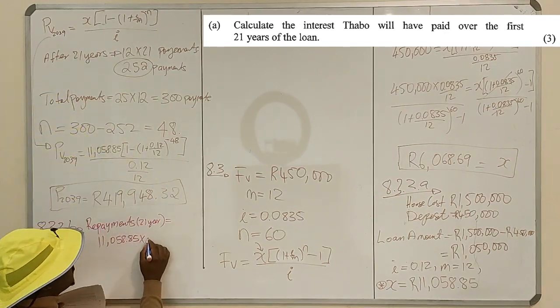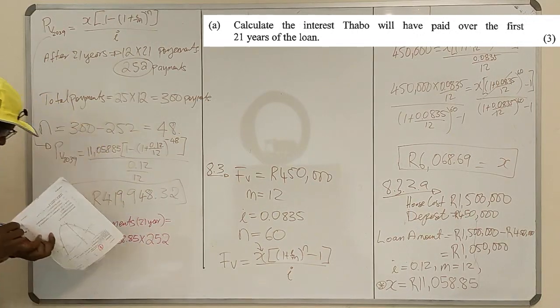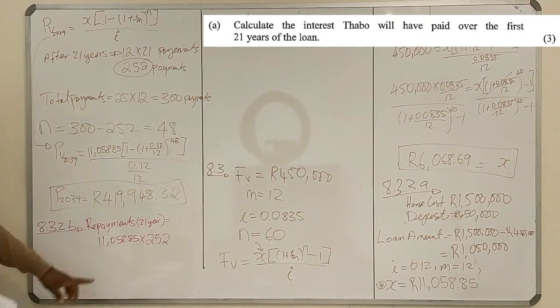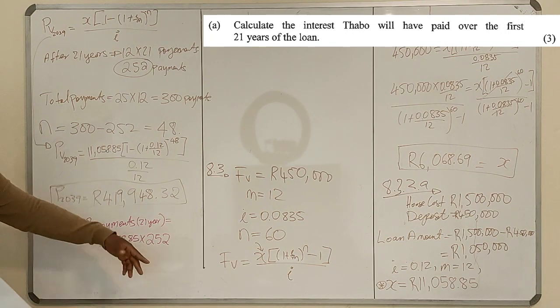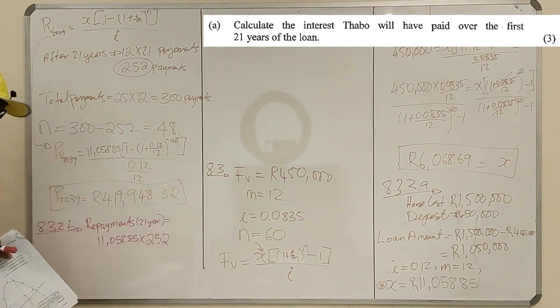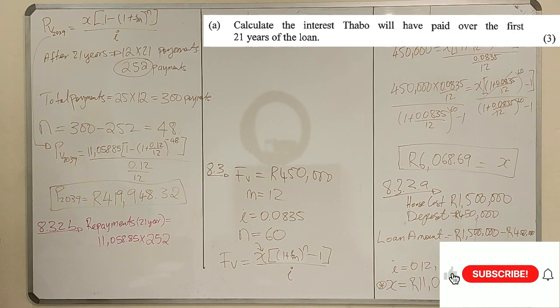Those payments were 252. So he paid 11,058 rands 85 cents 252 times, that is the cost of that 21-year period. So how much money did he pay to the account? 11,058.85 times 252.